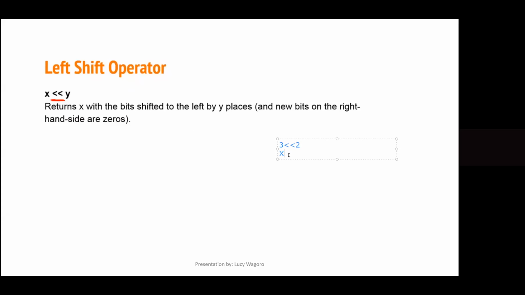So the number 3 in bits is written like that, and then it shifts, pushing this to the left by Y places. And our Y is 2 in the example that we are giving.